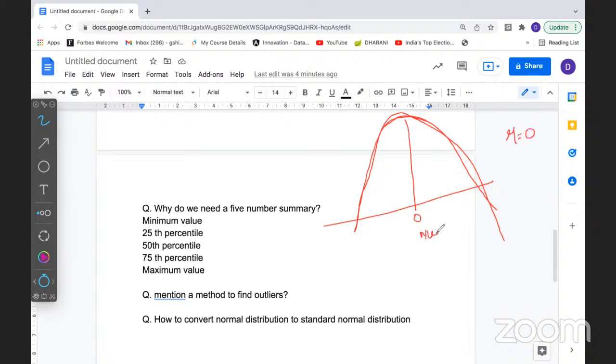This is the mean, and sigma is equal to 1. This is fixed. X could be anything, but your Z values will fall in this range.